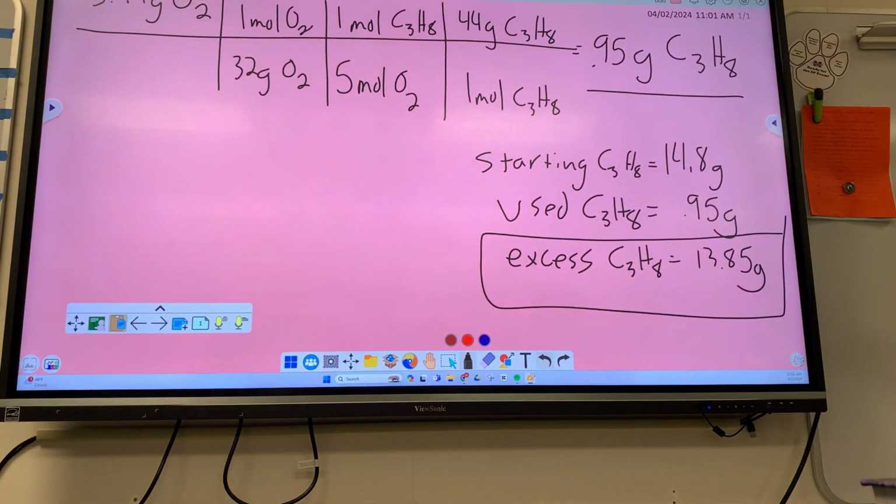This is part D. You started with X amount. We used up some amount. And then to find whatever's left over, we simply have to subtract what we started with to what we ended with.